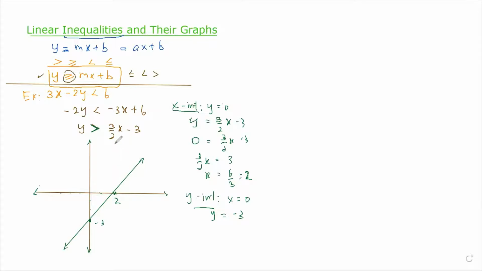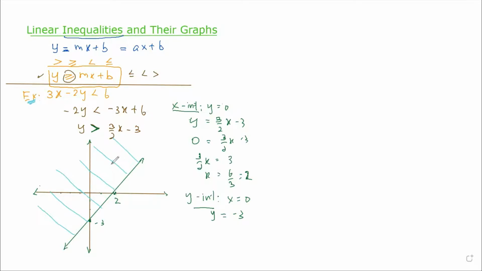So the shaded area right away we know should be above. So we just shade the area up like this, and that's all. So that's the final answer for this inequality.